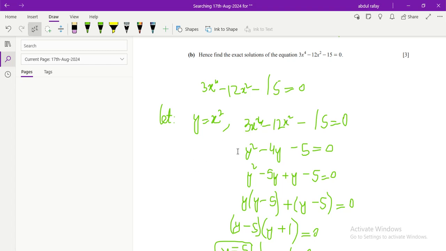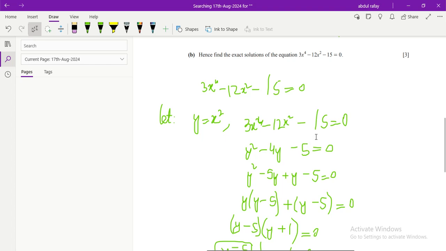So I can replace x squared with y, because here we have power 4, and 15 will remain the same.